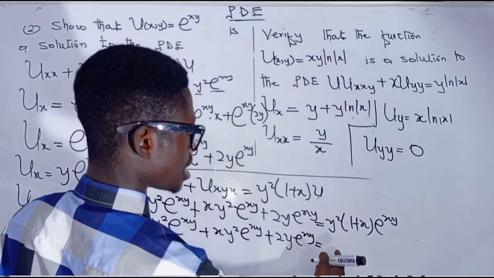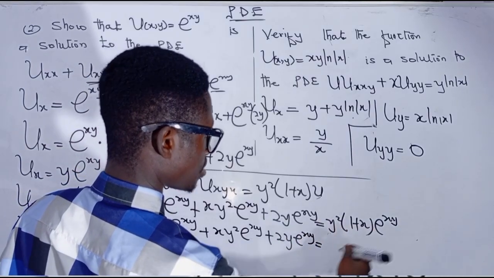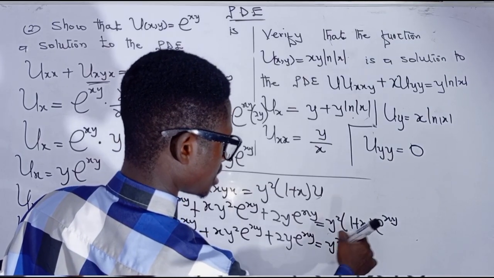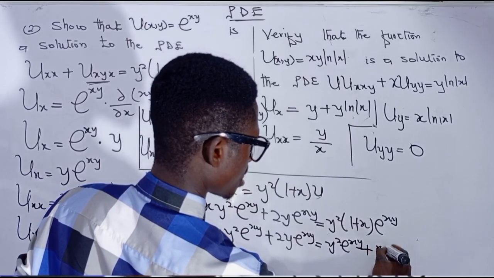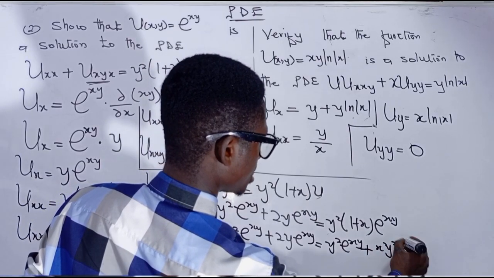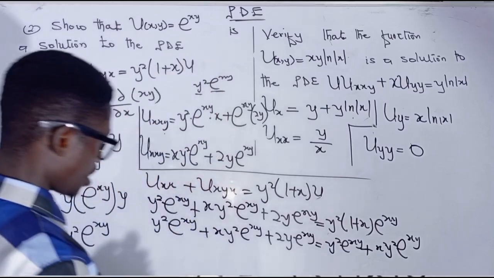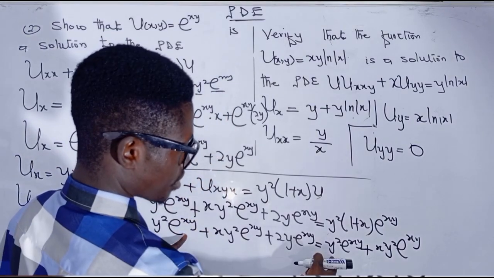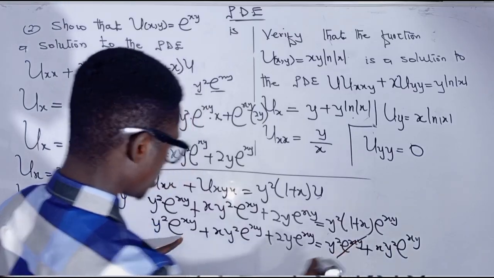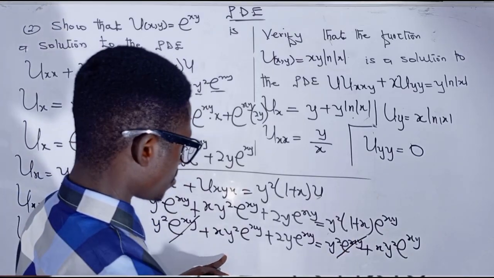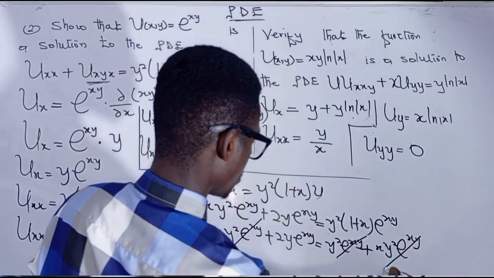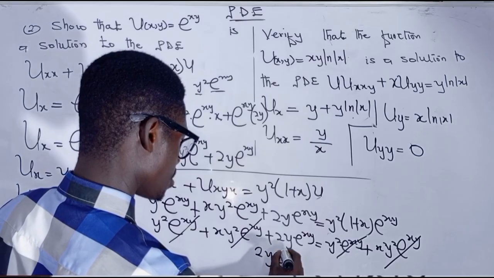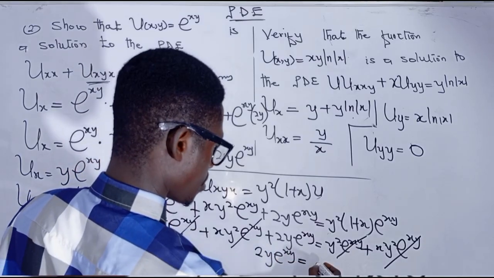When we expand the right side, we get y squared e^(xy) plus x y squared e^(xy). So you can see that y squared e^(xy) and that will go, and we also have this and that will go. At the end, we are left with 2y e^(xy), and the remaining part is equal to 0.